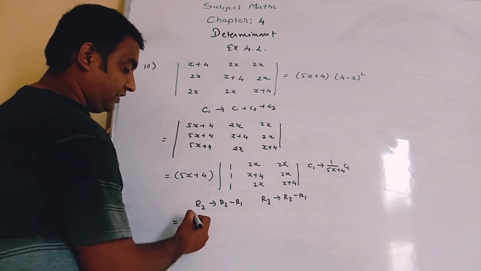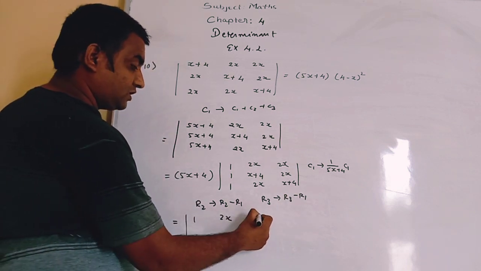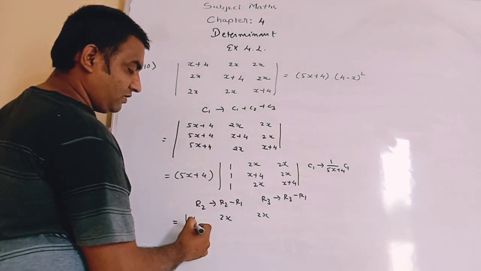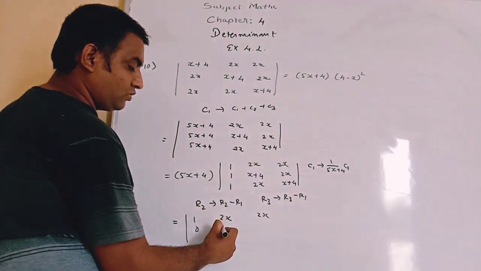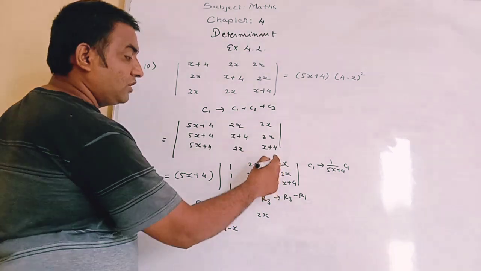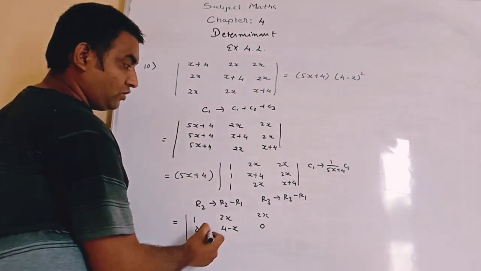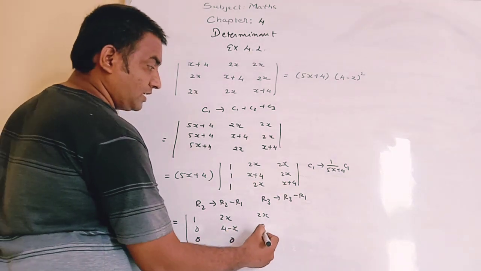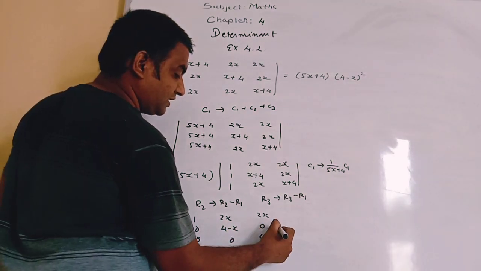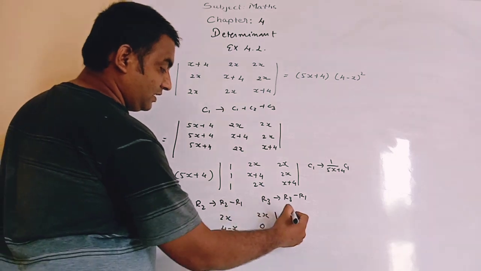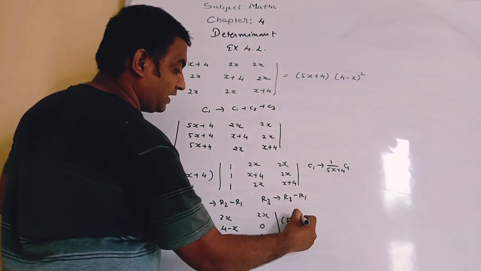Then we will get 1, 2x, 2x; 1 minus 1 is 0, x plus 4 minus 2x that is 4 minus x, 2x minus 2x is 0; 1 minus 1 is 0, 2x minus 2x is 0, and x plus 4 minus 2x that is 4 minus x. So we expand with this and here 5x plus 4 as it is.